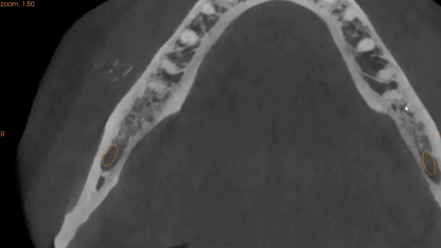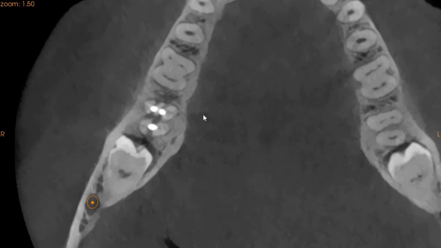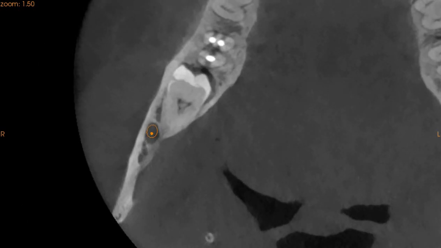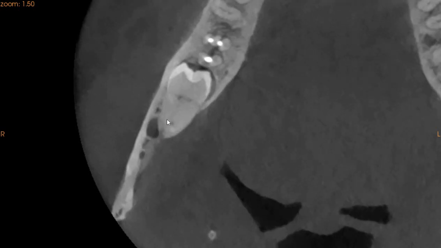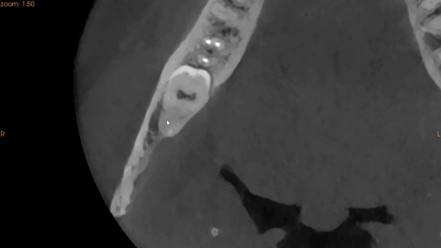Now, as far as the wisdom tooth is concerned, on the apical section, this is the wisdom tooth right there. This is the inferior alveolar canal. I'm going to just gently hide the canal. So this is the inferior alveolar nerve canal. This kidney bean shaped compression is a classical indicator that the tooth is pushing against the nerve.